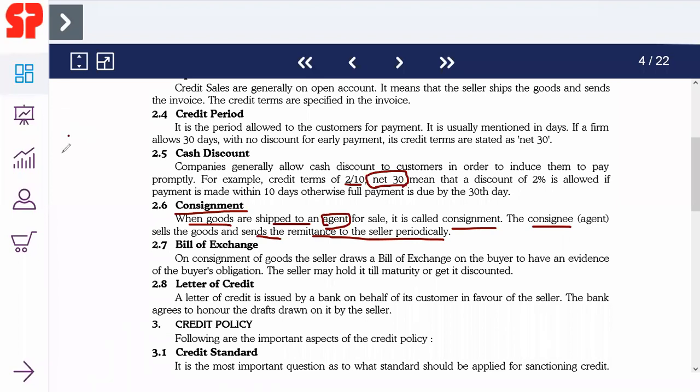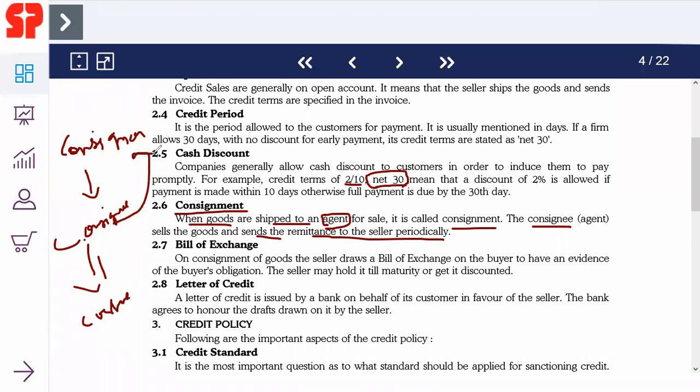So three parties are there: the consignor sends the goods to the consignee, the agent, who is responsible for selling the goods to customers. The consignment agent collects the amount and sends it to the consignor after deducting his commission.